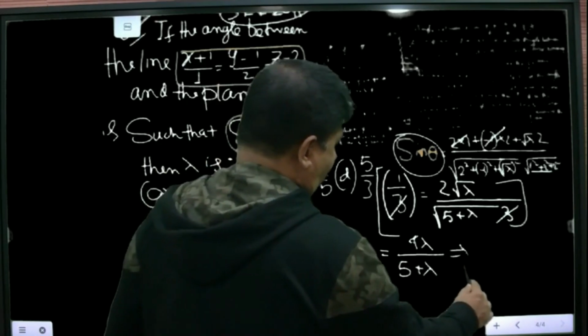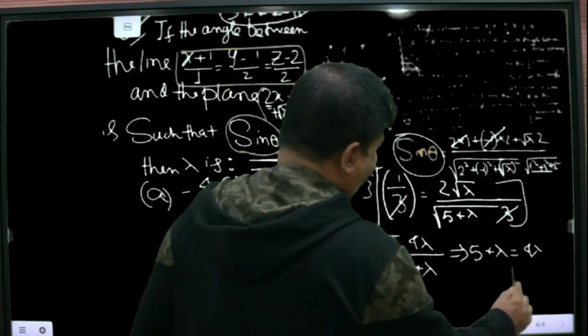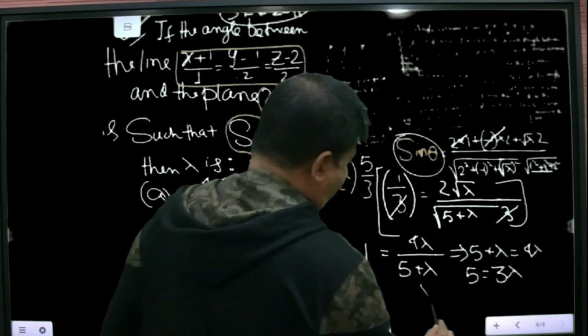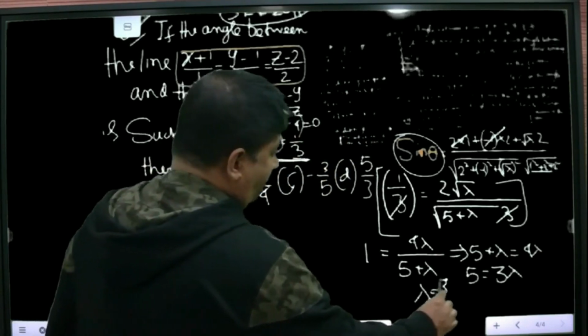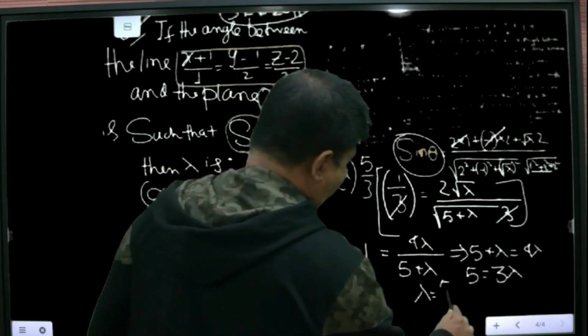Cross multiply. 5 plus lambda is equal to 4 lambda. So 5 equals 3 lambda. Lambda's value is 5 by 3.